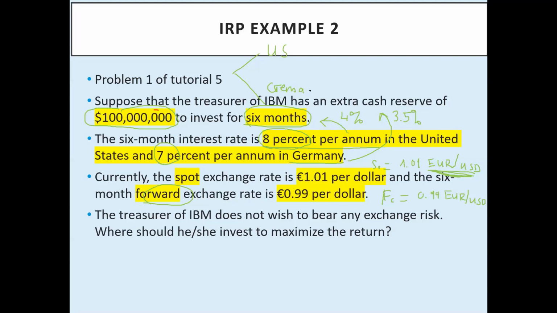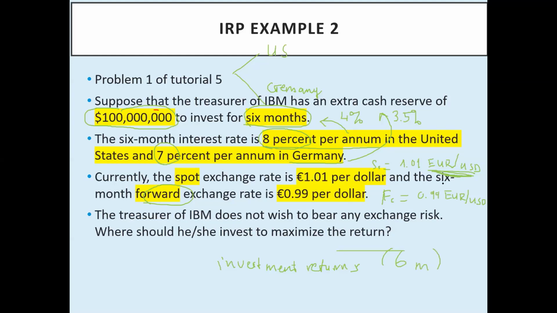We want to look at the investment returns for the 6-month horizon for both options.